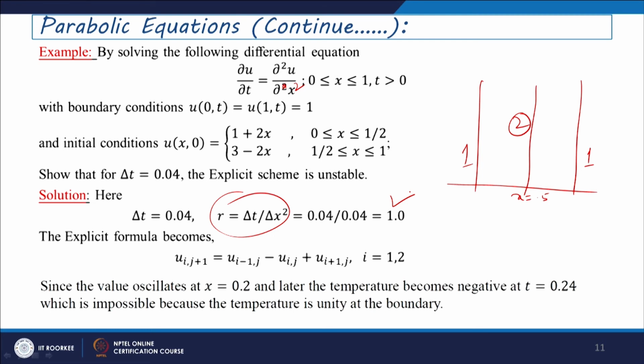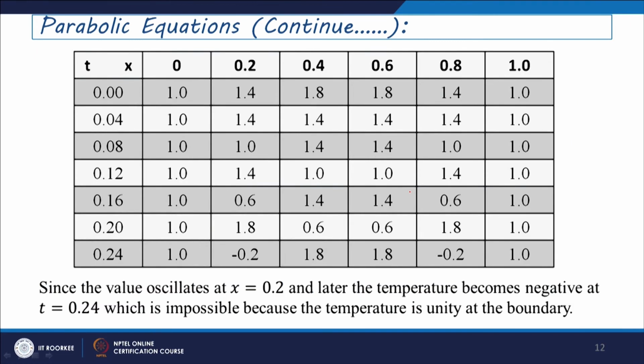Since the value oscillates at x = 0.2, if you look at this problem, whenever we apply these conditions, along the boundaries we have 1.0, 1.0, 1.0. But if we compute the values at the 0.2 level, it gives 1.4.